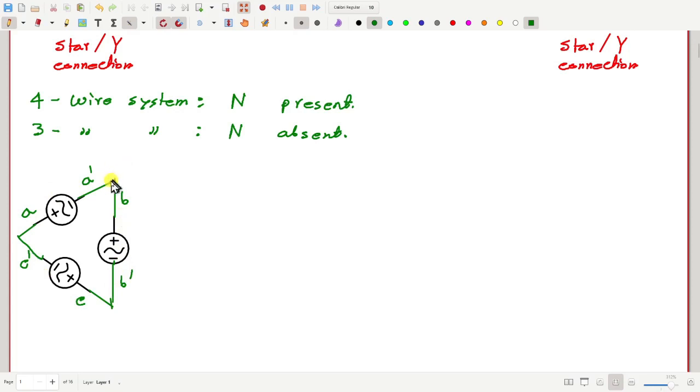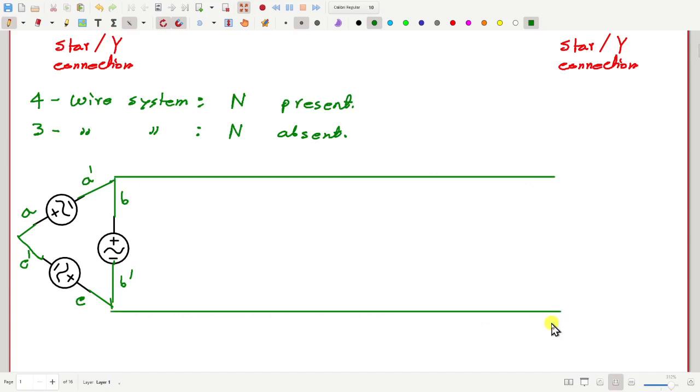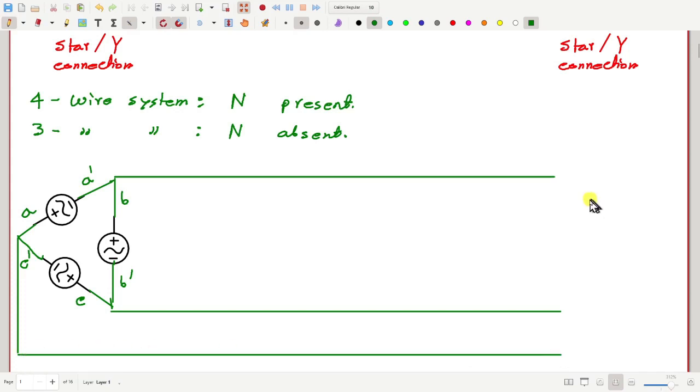If I connect them in this way, then we can take long transmission lines like this, and on the other end we can have loads 1, 2, 3, and connect them in this way.